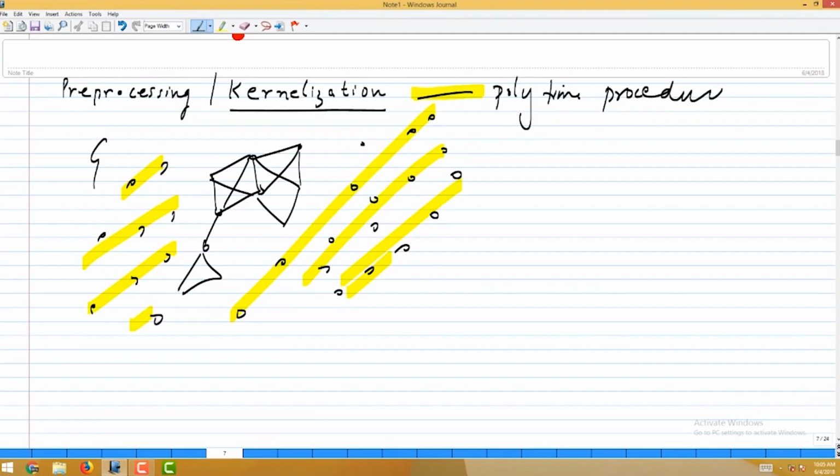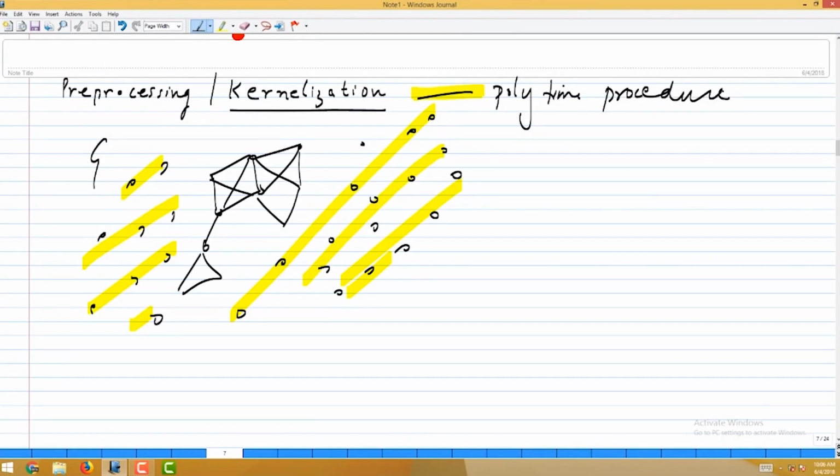So suppose you have an NP-hard problem and you do a preprocessing step. It's a polynomial time procedure, and you're able to throw away a vertex every time you do a preprocessing step. What is it? It's a polynomial time algorithm that, whenever you run it, identifies an irrelevant vertex and throws it out. Suppose there was such an algorithm, what would you do?